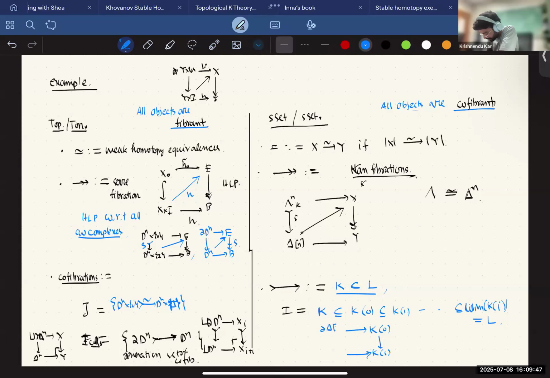This is your ∂Δ^n. This is your Δ^n. Sorry, not that. A pushout. So it is Ki to Ki+1. And that means you can declare this ∂Δ^n to Δ^n, not Δ^n to Δ^n, sorry, as your generating set for your cofibrations.